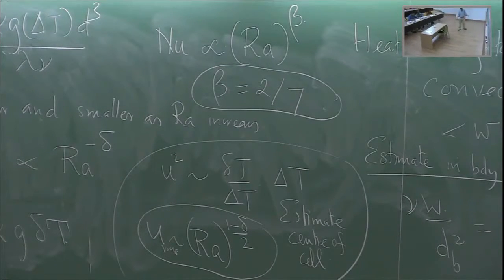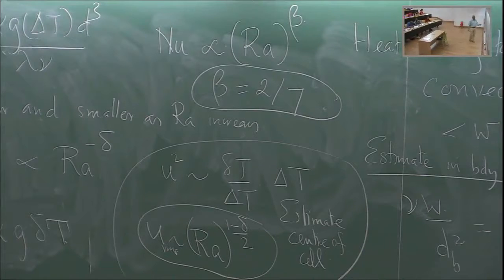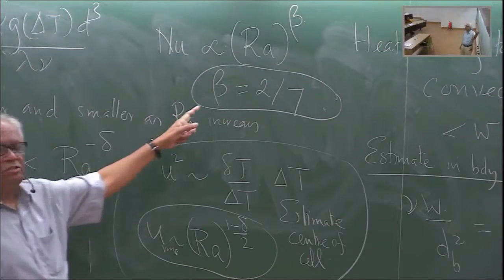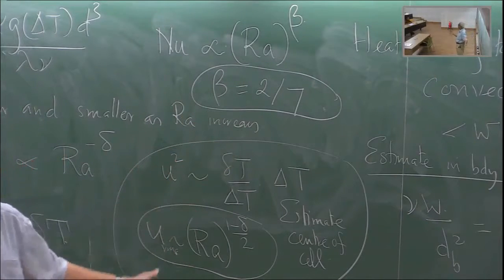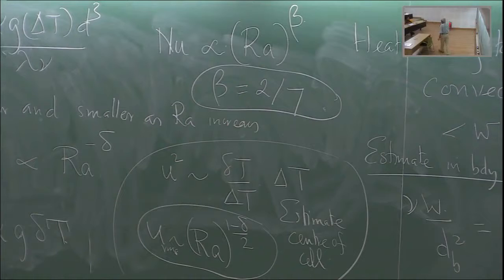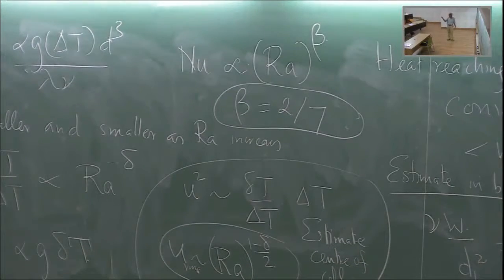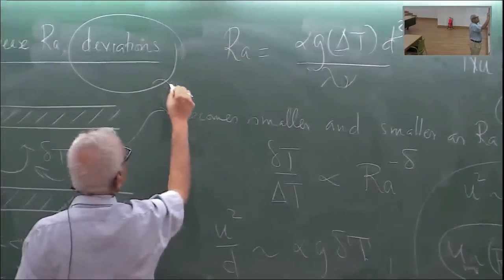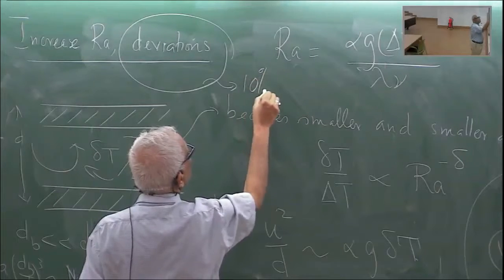What's the difference? 1 over 3, which is 0.33, 2 over 7, which is 0.29 something. So a difference of 4 out of 30, which is 12% difference. But that's the difference that the experimentalists found, indeed of the order of 10%.